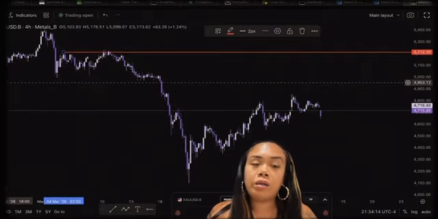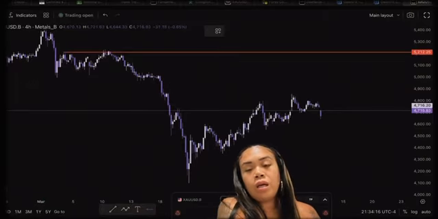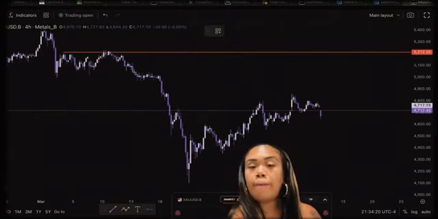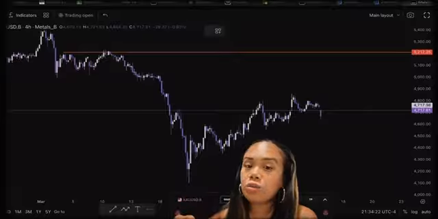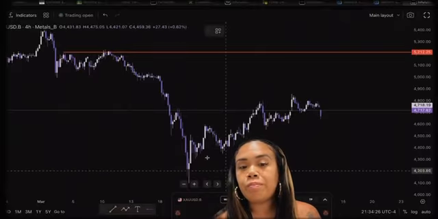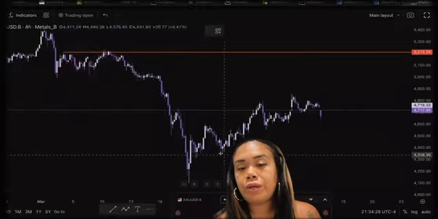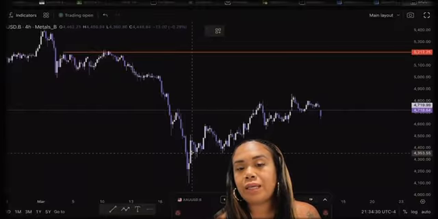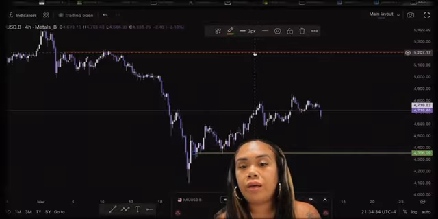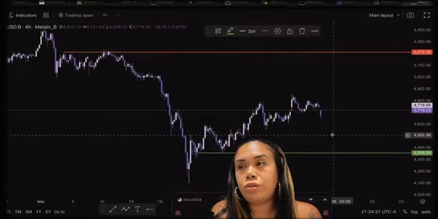Okay, let's look at support. Where do we see multiple taps or multiple candles touching that same particular price point? I see right here. So this is like an area of support. I would say at least two taps.